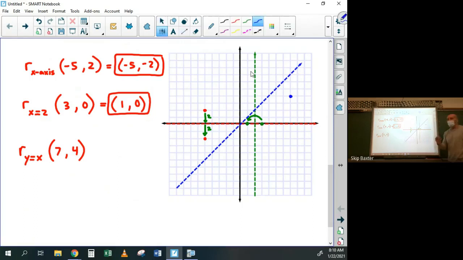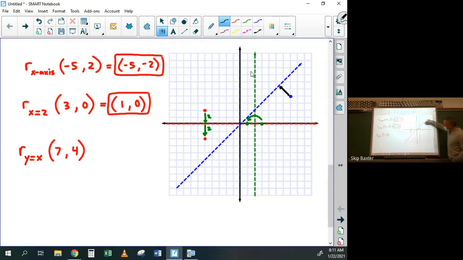So it's the same principle. I'm going to go straight to the line perpendicularly. Well, if I go perpendicularly, it's going to be a slope of -1, right? If this slope is positive 1, then a perpendicular line would have to have slope -1. So I'm going to go straight to the line with a slope of -1. And that took me 1.5 diagonal squares, right?